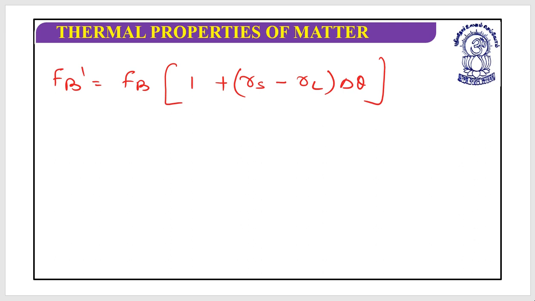So the situation will be, if gamma s, the volumetric expansion of solid, is greater than gamma L, the volumetric expansion of liquid, then Fb dash will increase.